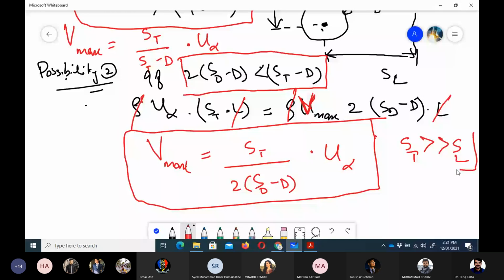It means that in the longitudinal flow direction the distance is very small, but in the transverse direction the distance between the two tubes is very large.